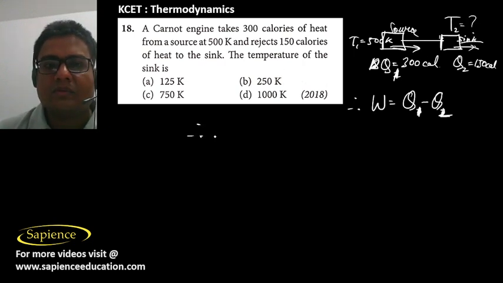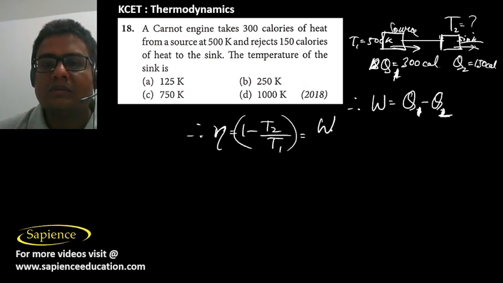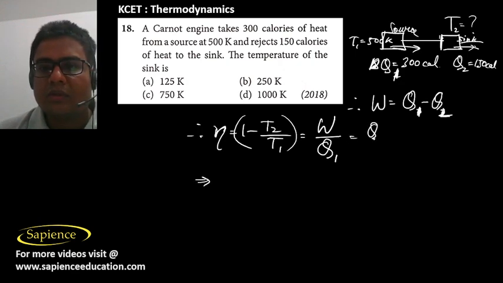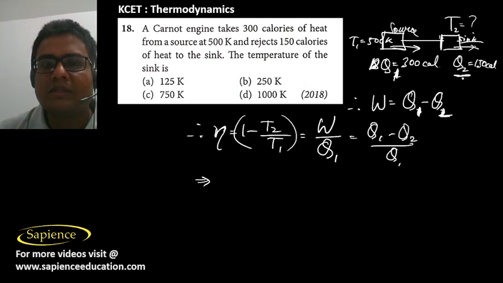Now the efficiency eta of the Carnot's heat engine is 1 minus T2 by T1. That is equal to the useful work done divided by the heat supplied from the source, that is Q1. W is equal to Q1 minus Q2, divided by Q1, where Q2 is the amount of heat rejected to the sink.